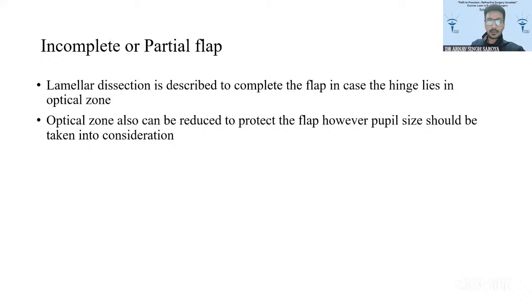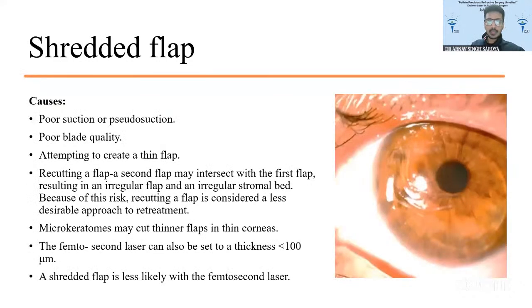For an incomplete or partial flap, lamellar dissection is described to complete the flap in case the hinge lies in the optical zone. And the optical zone can also be reduced to prevent the flap. However, the pupil size should be taken into consideration.